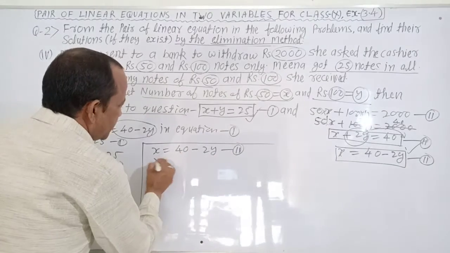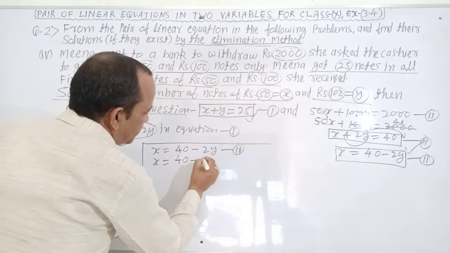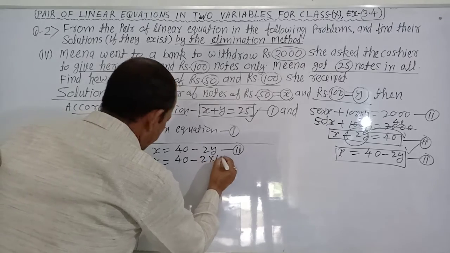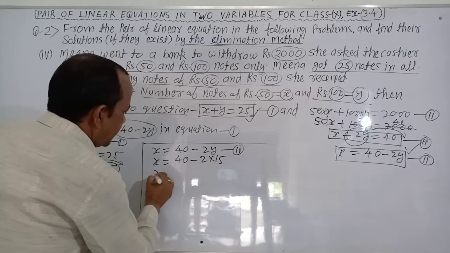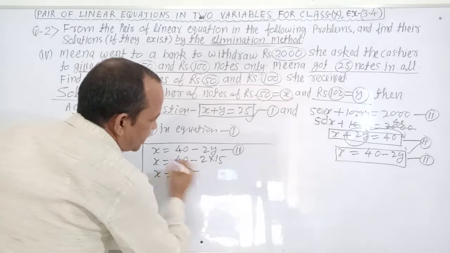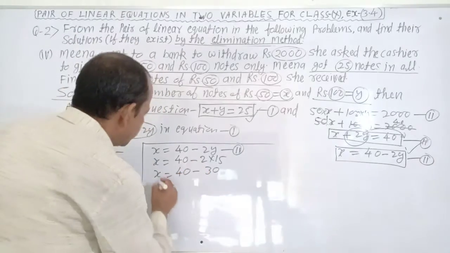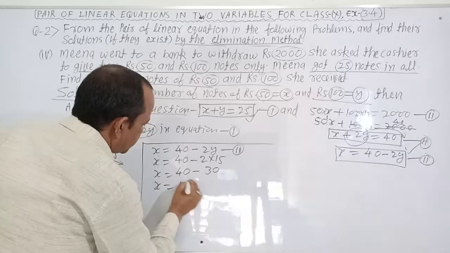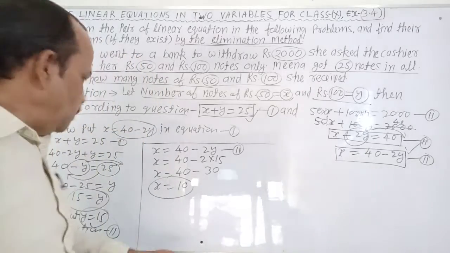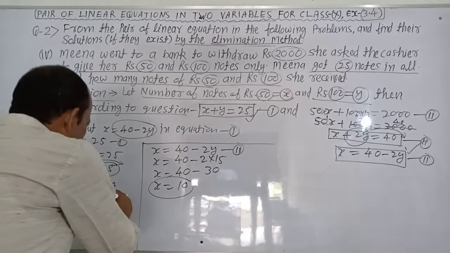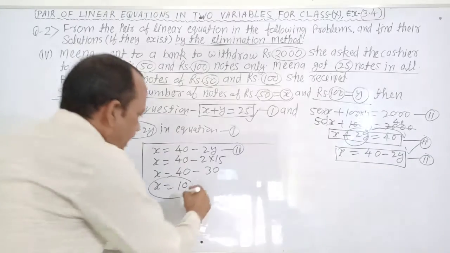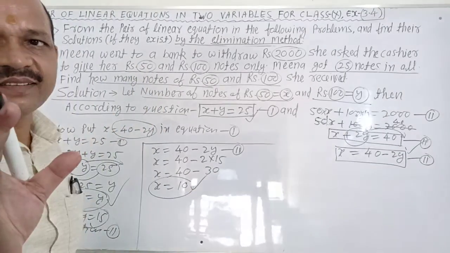It becomes x equal to 40 minus 2 multiply 15. x equal to 40 minus 30. x equal to 10. You find y equal to 15 and x equal to 10. Clear?